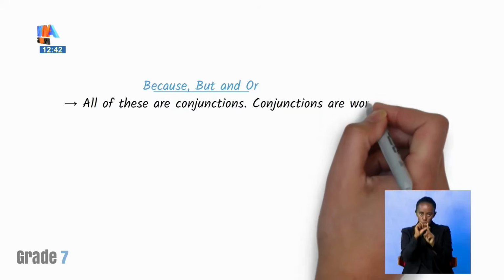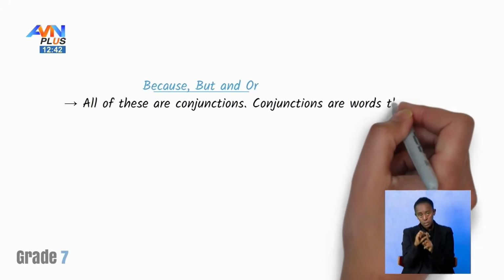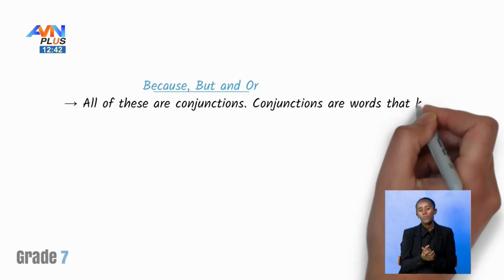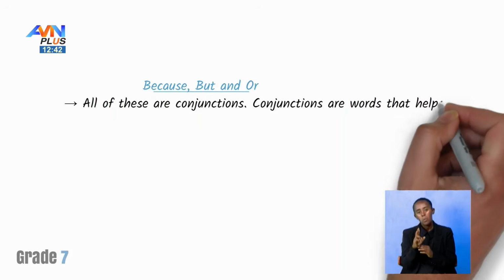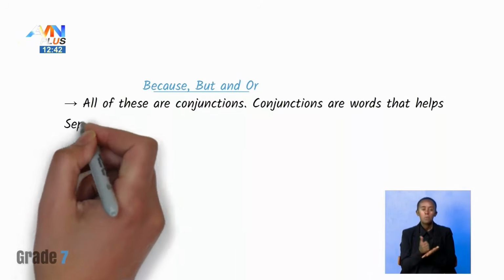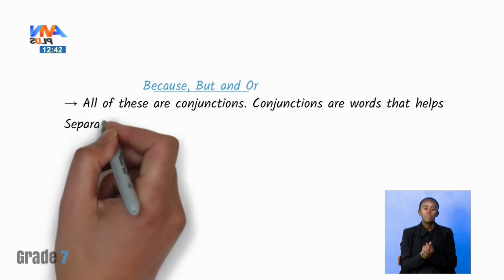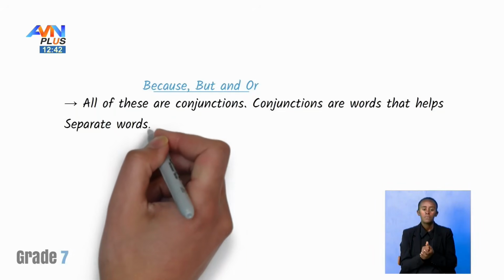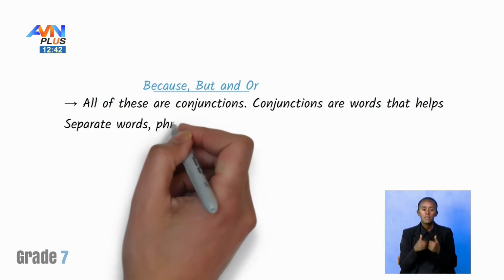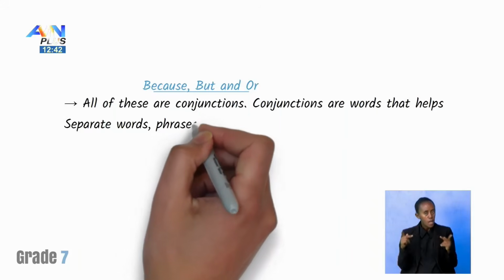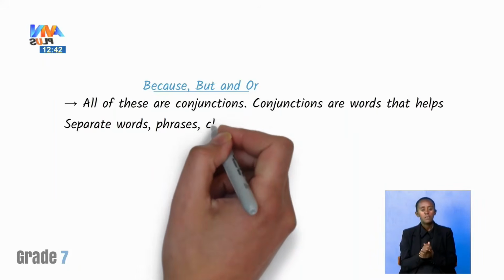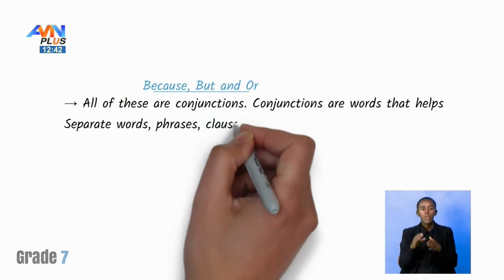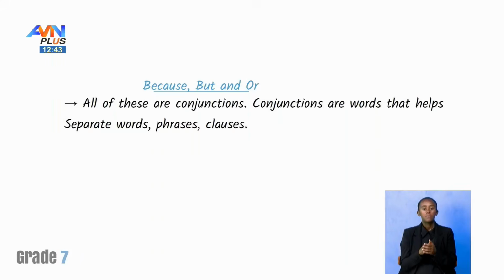What are conjunctions? Conjunctions are words that show or help separate words, phrases, clauses, and the like.